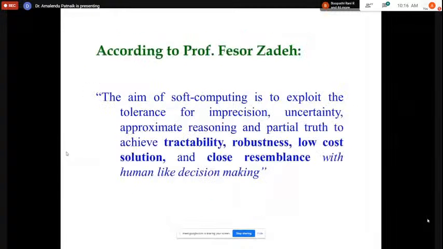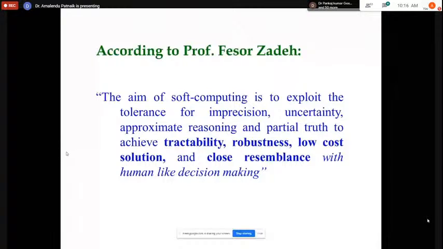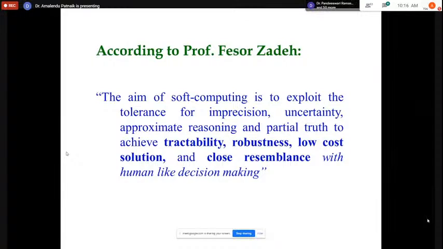If you study the literature, you will find that according to Professor Zadeh, the aim of soft computing is to exploit the tolerance of imprecision, because in engineering, in most cases, we are not looking for exact solutions, right? By exploiting the tolerance of imprecision, uncertainty, approximate reasoning, and partial truth, we achieve tractability, robustness, and a low-cost solution.